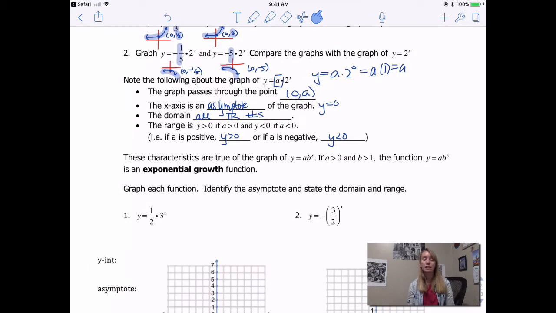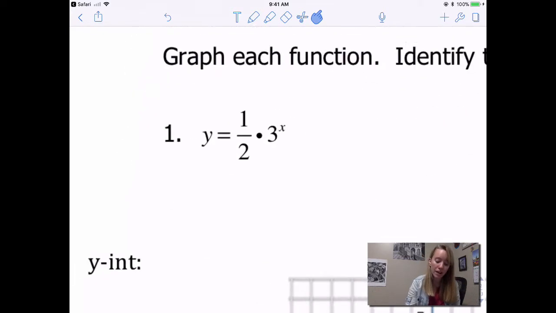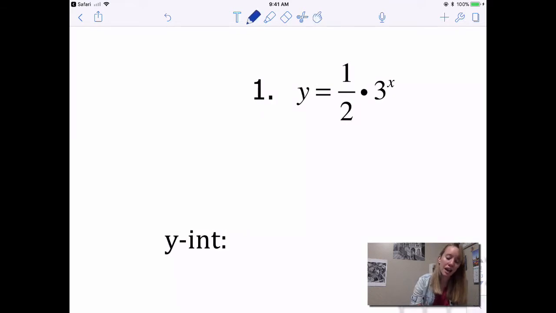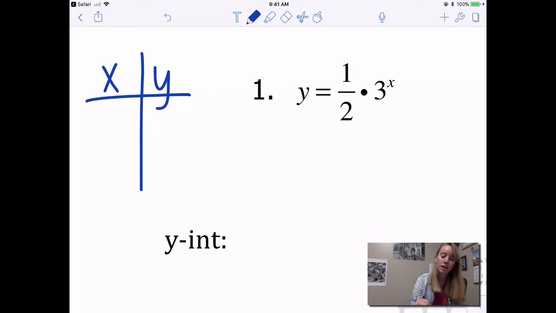So when we graph an exponential growth function, we can do so by making a chart and remembering what the shape of our graph should look like. If I have y as 1/2 times 3 to the x, I'm going to take an xy chart, and plug in 3 very simple numbers, 0, 1, and 2.